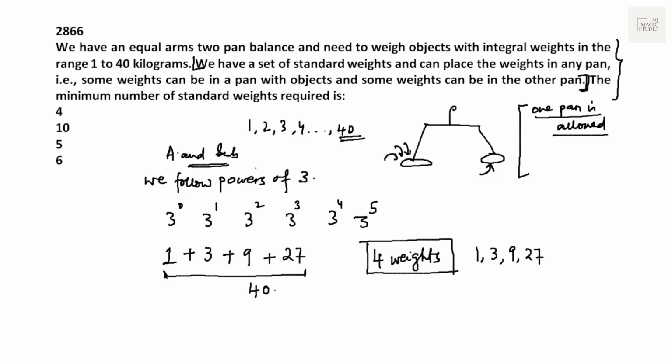You must go through it because they often ask mathematical surface based reasoning questions which either we know or we don't know. If only one pan is allowed, then we use powers of 2. And please check out that video to get the details of what will happen if only addition is allowed.